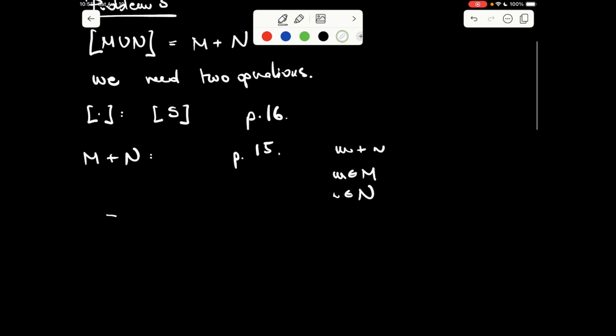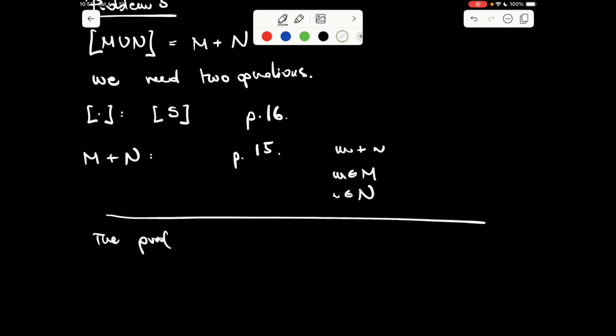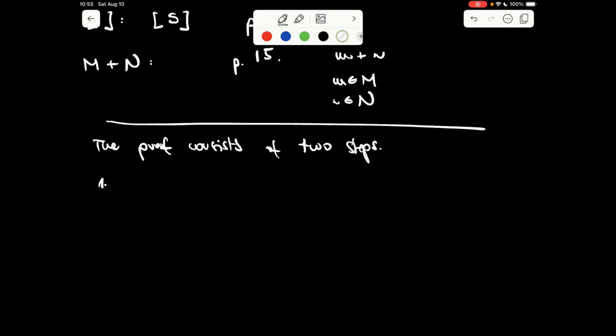The proof consists of two steps. In the first step, we show that the sum is a subset of the subspace generated by M union N, and the second step is the reverse.